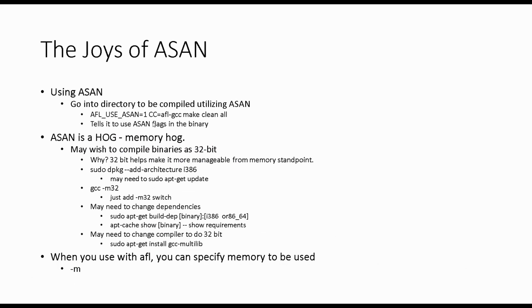So those are some compiler options. Now this is a compile option if you're going to do it with AFL. A lot of times it's probably not the best to do it directly with AFL, but that is an option.